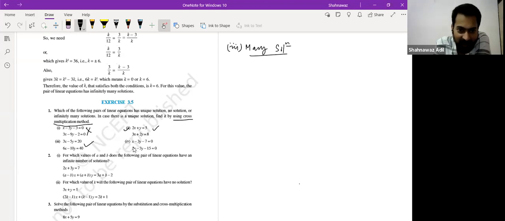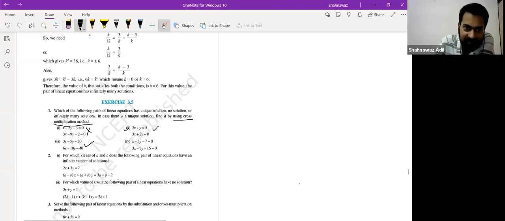Okay, so the fourth one is mine, right? My turn again. This one has a solution, right? Yes, unique solution, right?